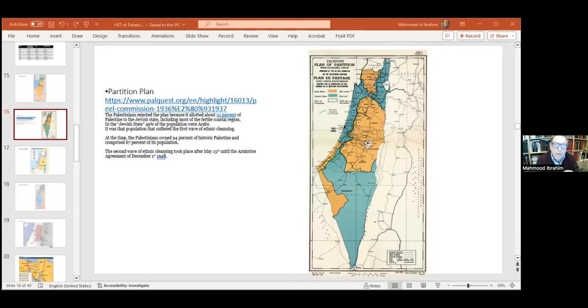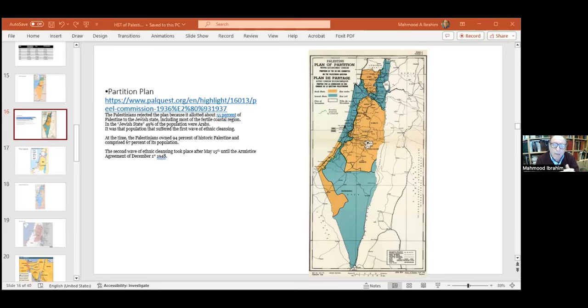We also discussed the circumstances for the creation of the partition map that you see on the screen. By 1945, the British imperial forces were basically defeated. Even though morally they were the victors in World War II, economically and militarily they were exhausted.